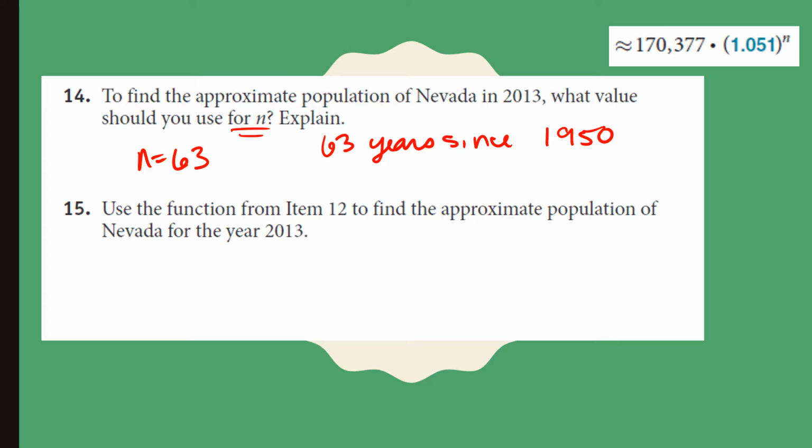So if we use this to predict the population in 2013, we would have 170,377 times our annual rate, 1.051, or approximately 5.1% a year, for 63 years. So go ahead and calculate that yourself. Let's see if we come up with about the same thing.